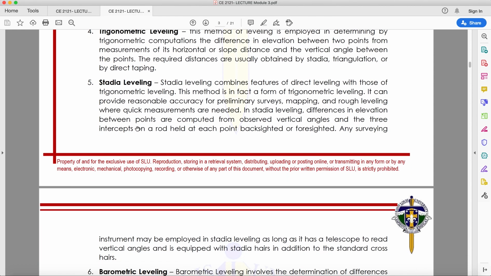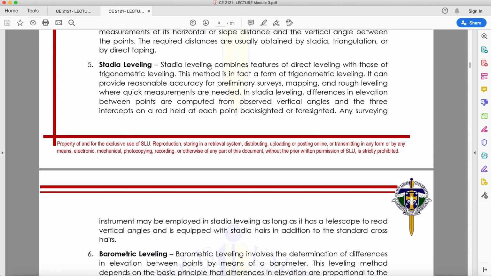Next is stadia leveling. Stadia leveling combines features of direct leveling with those of trigonometric leveling. This method is in fact a form of trigonometric leveling. It can provide reasonable accuracy for preliminary surveys, mapping, and rough leveling, where quick measurements are needed.